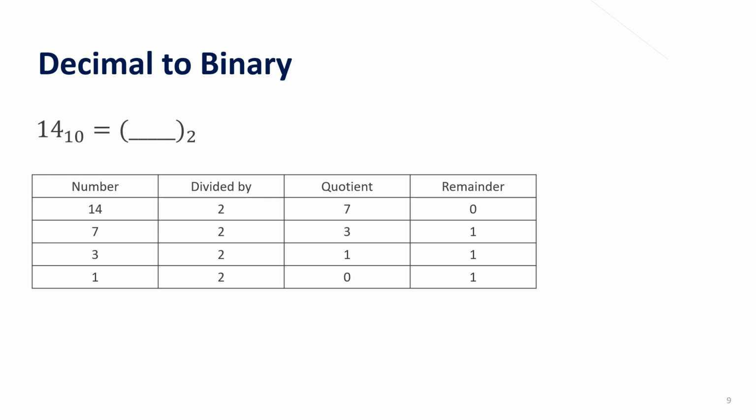The quotient will be 7, because 2 multiplied by 7 is equal to 14, exactly the same.